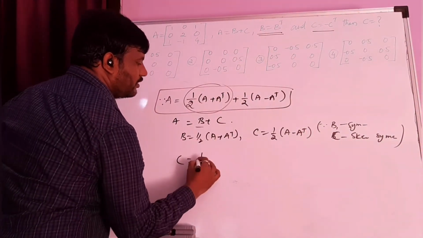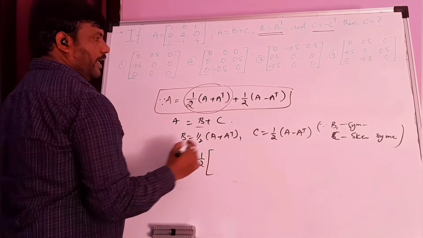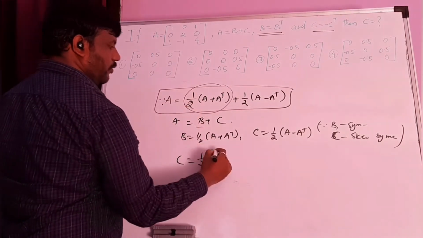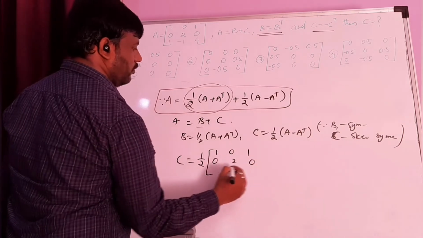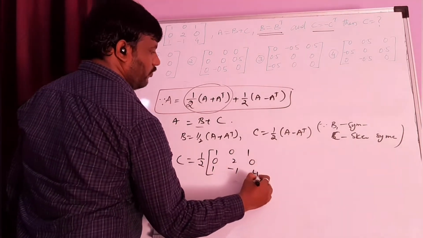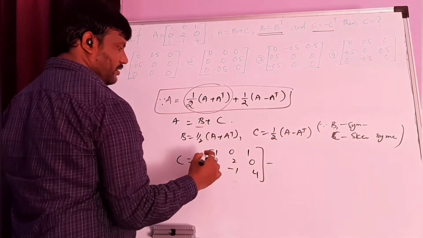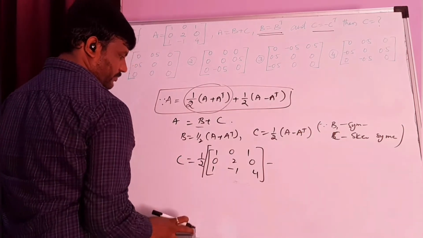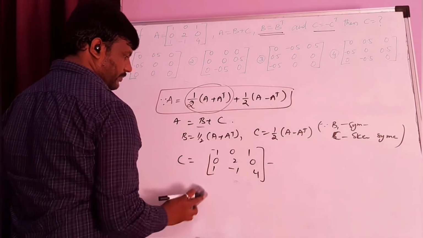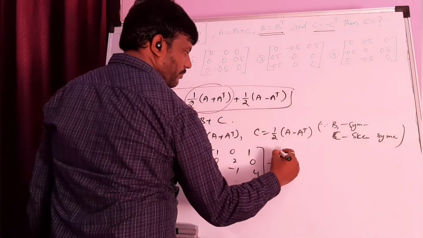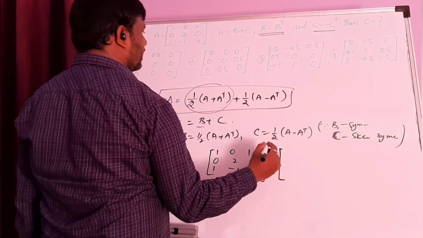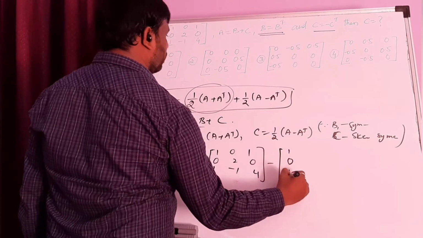C is nothing but 1 by 2 of A minus A transpose. A is how much here: 1, 0, 1, 0, 2, 0, 1, minus 1, 4, minus A transpose. Transpose means changing the rows to columns.